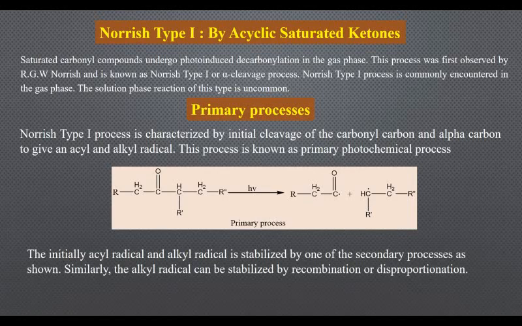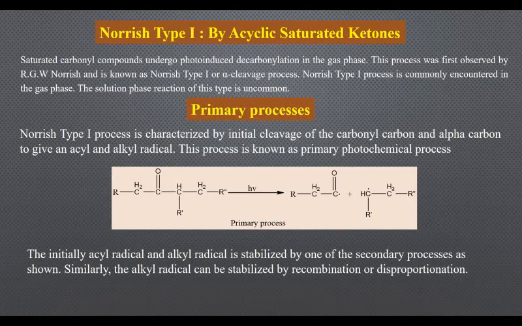First is Norrish type 1 reaction by acyclic saturated ketones. Usually the Norrish type 1 reaction is common in the gaseous phase and it is very uncommon in the solution phase.